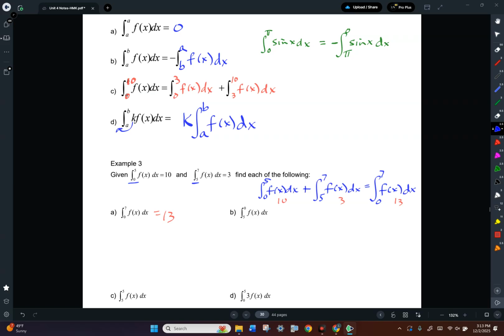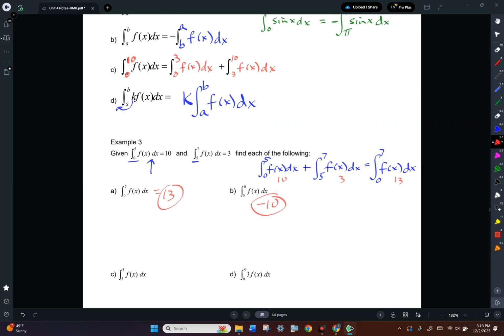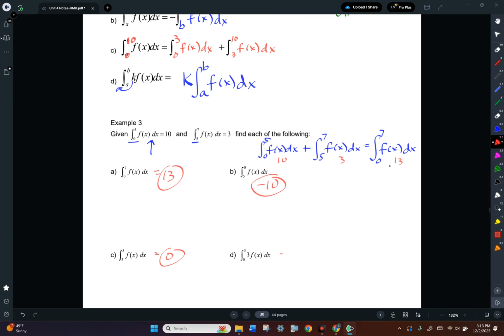Okay, what about letter B? Well, oh, look, it's backwards of this one, right? So it's just going to be negative 10. What about letter C? Oh, look, the boundaries are the same, so that's just going to be 0. And then letter D, well, you've got to think of this as 3, because you're moving the constant out in front, times the integral from 0 to 5.